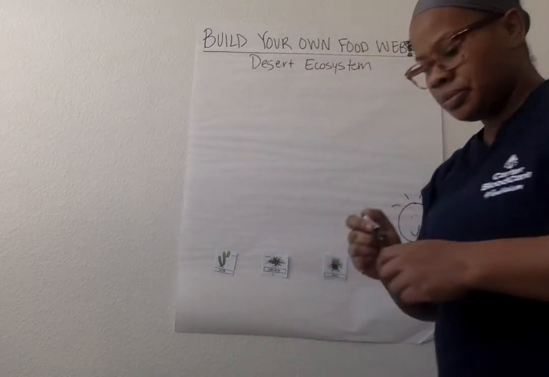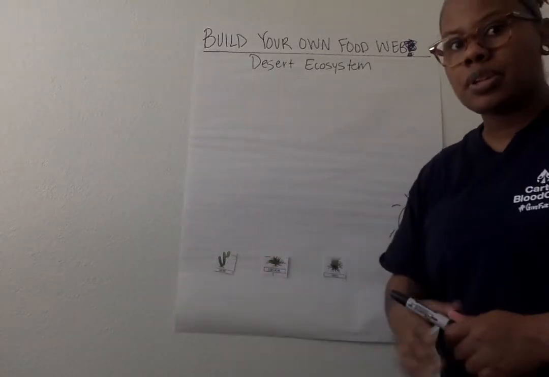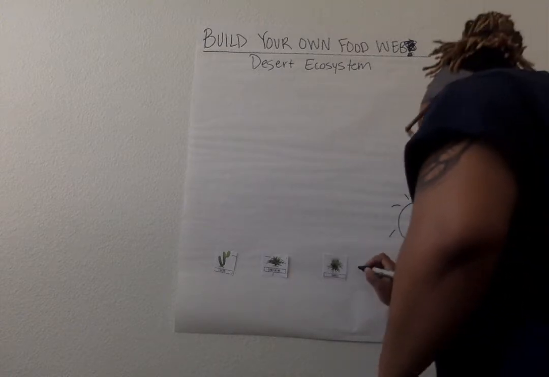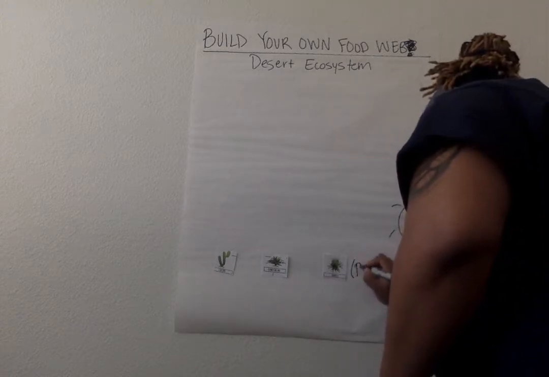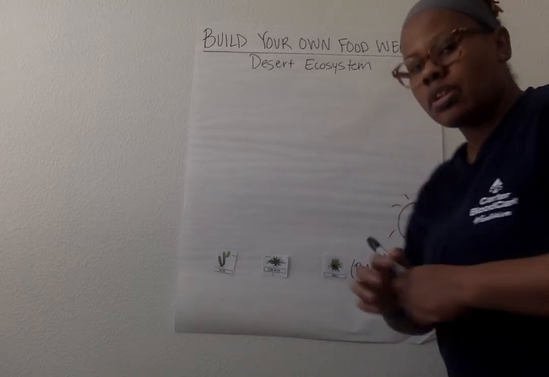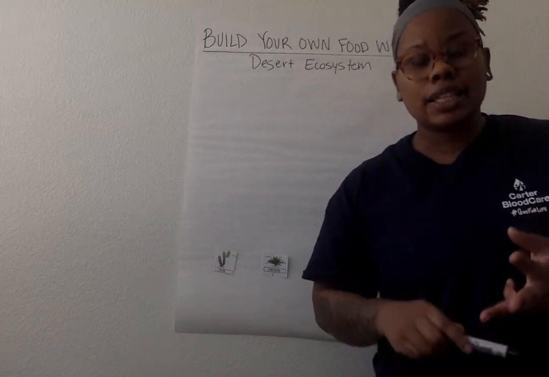Okay. All right. So I have my producers, and what I'm also going to do, I'm going to label that they are producers. So I'm going to put producers. Okay. So we know that a food web is made from producers, consumers, and decomposers.